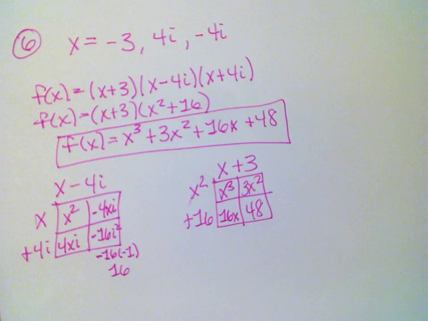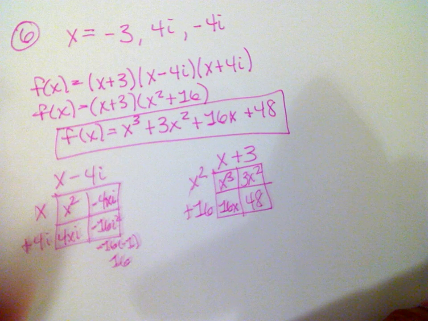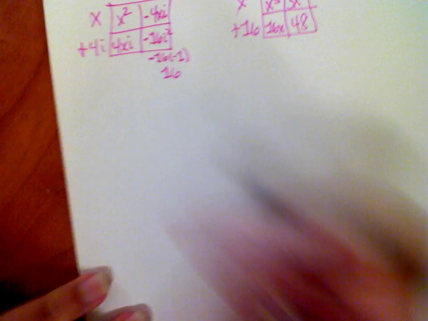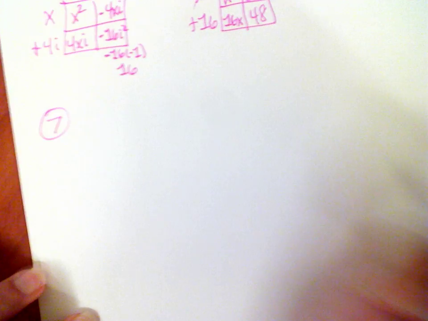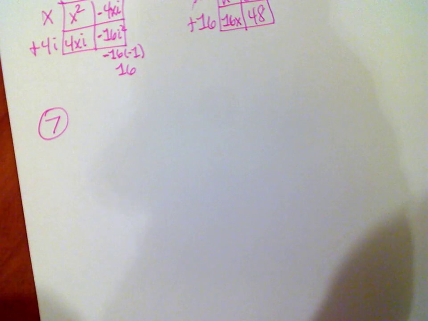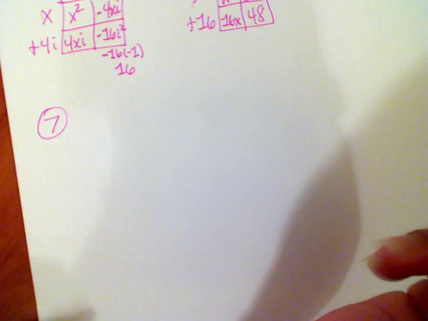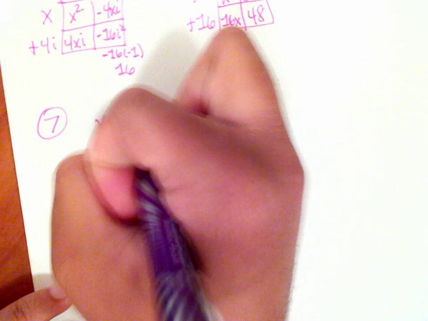Now the last one, number 7. Number 7, or last one for this video, you still have quite a few left on the study guide. For number 7, you're given that x equals 2 minus 3i.